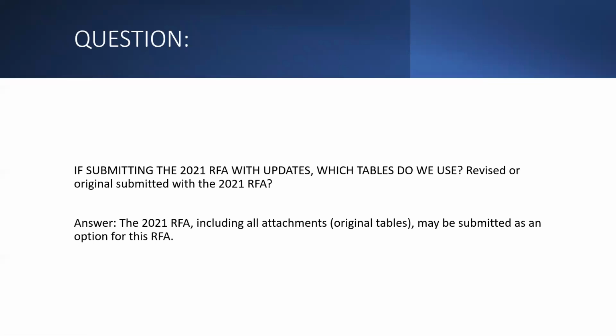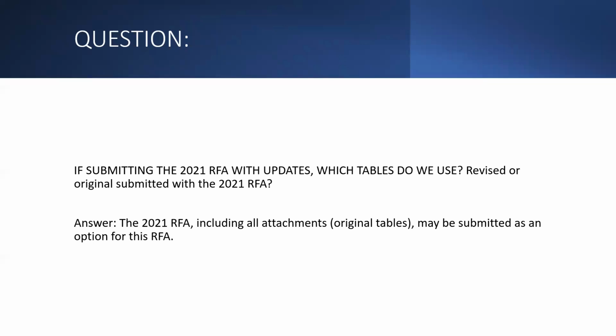The question we received through the CBYS email is: if submitting the 2021 RFA with updates, which table do we use, revised or original submitted with the 2021 RFA? It was a little bit confusing.